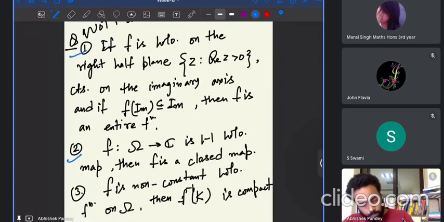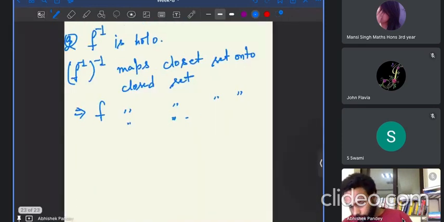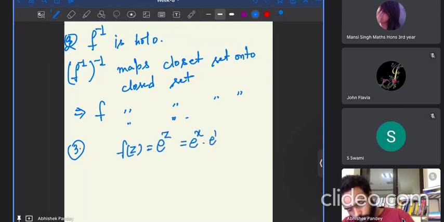Option 2 is true, option 1 is true. Now the third option: if f is a non-constant holomorphic function on omega, then f inverse of K is compact for every compact set K in C. Let us take f of z equals e to the power z, which is e to the power x into e to the power iy.